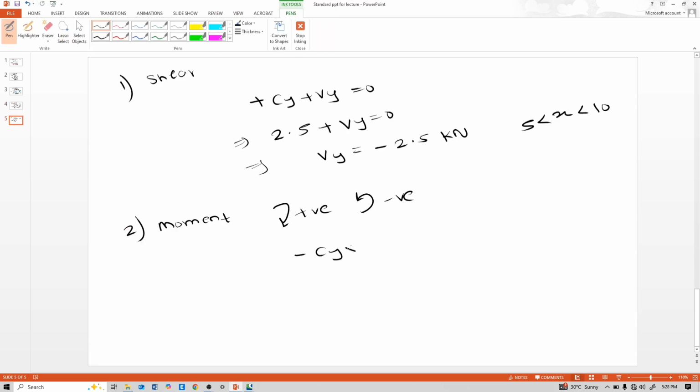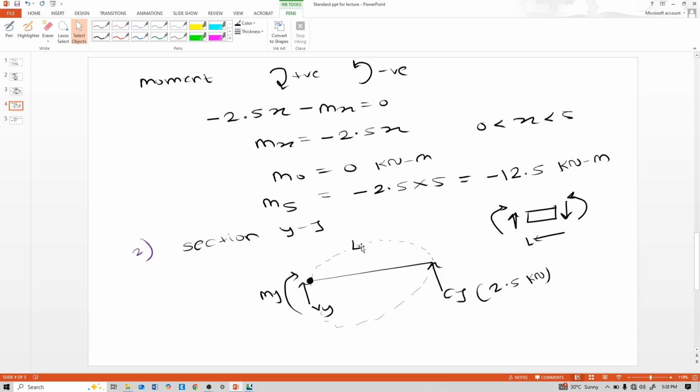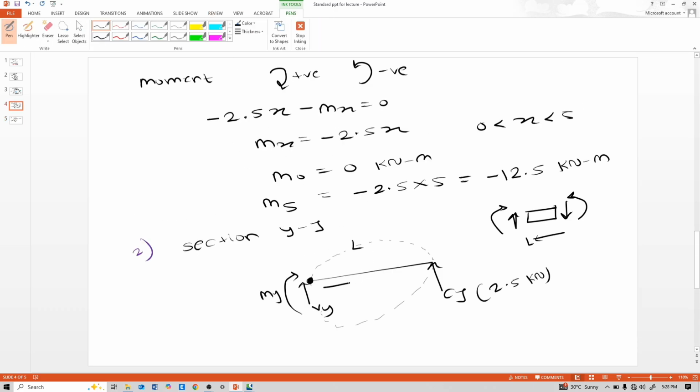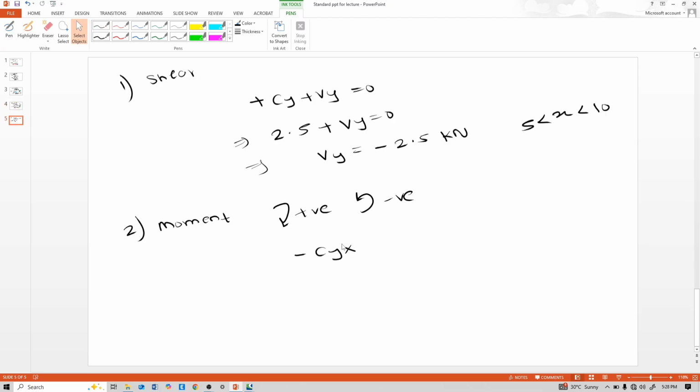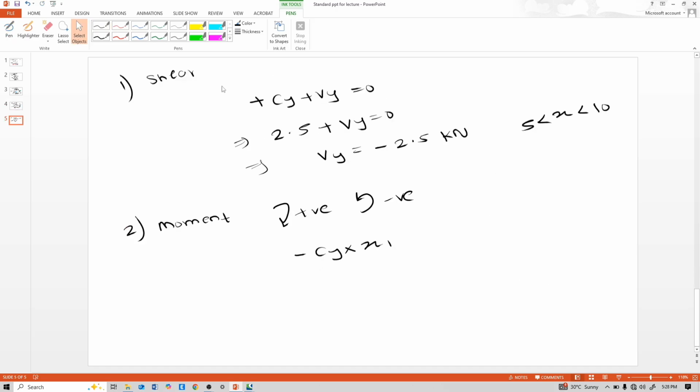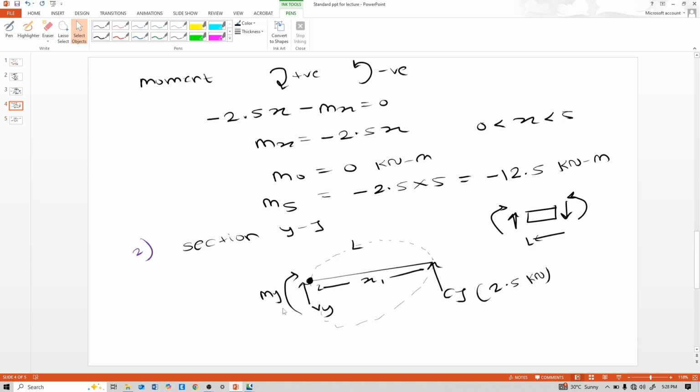minus Cy into x. We don't know this distance, so put it as x1, minus Cy into x1, and see, this clockwise moment plus My. See here the sign changes, My sign changes, plus clockwise.